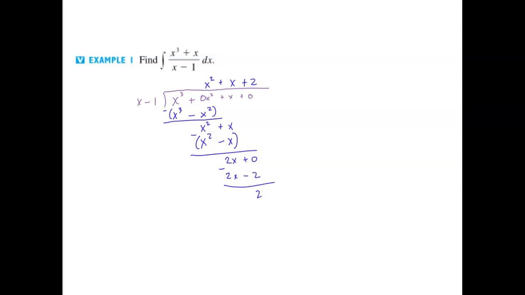That means that this becomes the integral of what we just came up with, an equivalent expression for that improper rational function. And that expression is just the quotient, which is x squared plus x plus 2, plus the remainder divided by the divisor. X minus 1, not x minus 2.